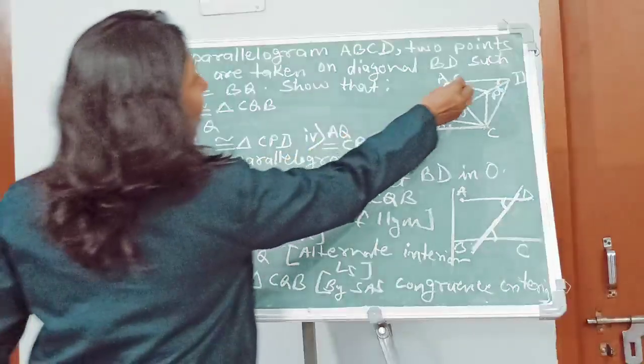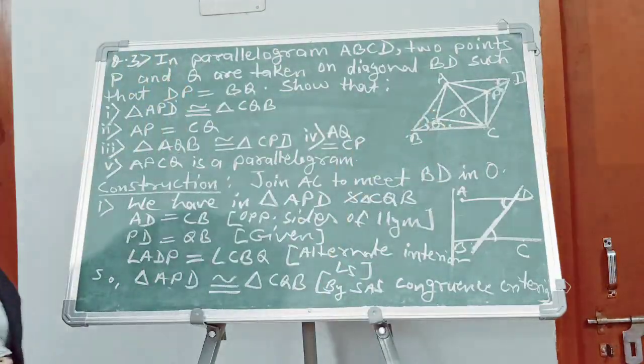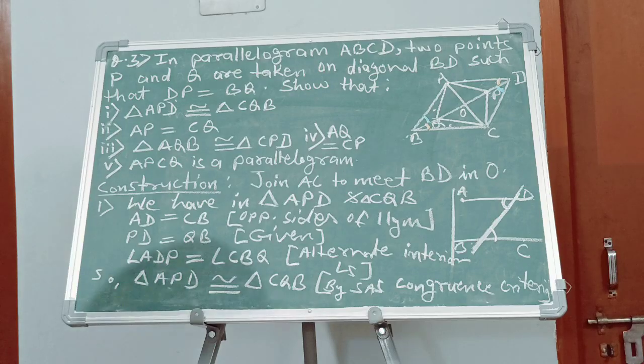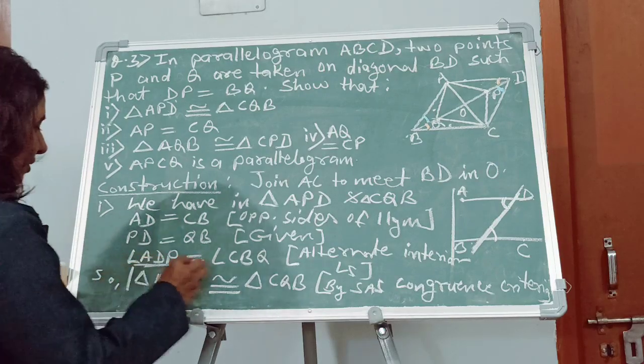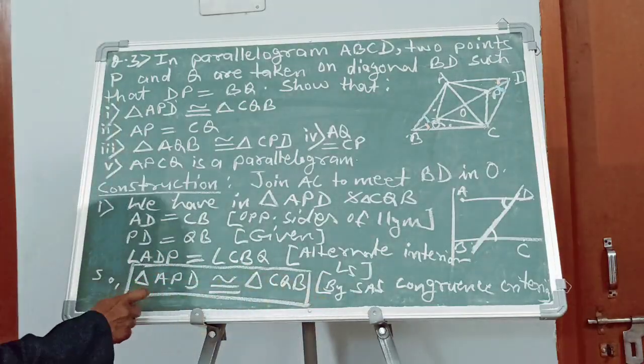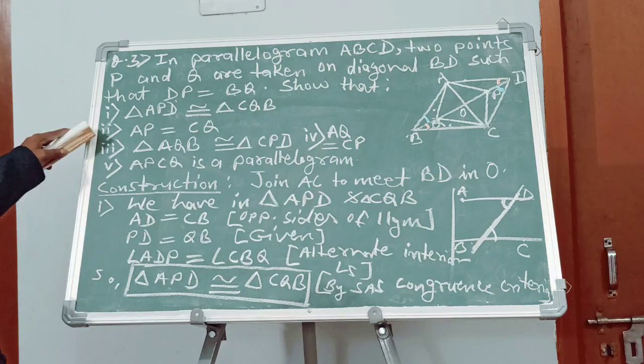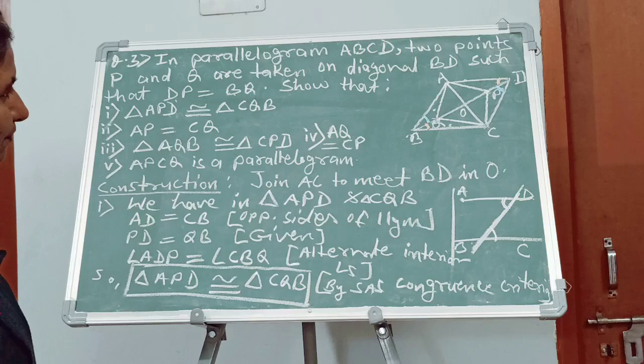Again see, SAS, side angle side, and this is to be proved. This is to be proved in 1. So we have already proved 1. Now the second one: AP is equal to CQ.